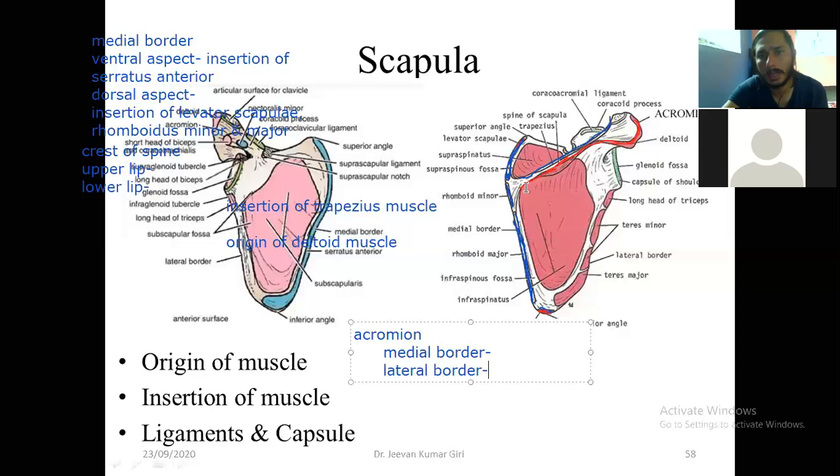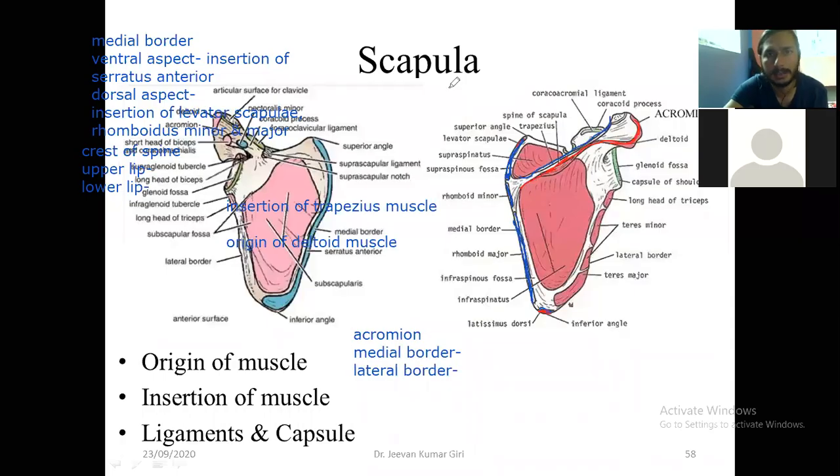Because this lower lip continues with the lateral border of the acromion. So from the lower lip of the crest of the spine, the lateral border of the acromion, including the anterior border of the lateral 1/3 of the clavicle, this whole part is the origin of the deltoid muscle.